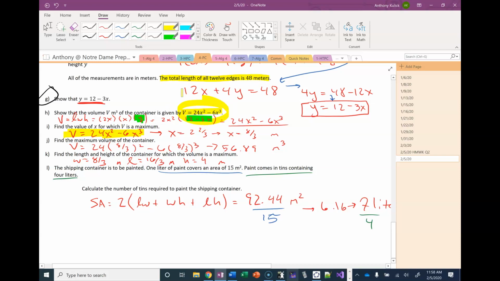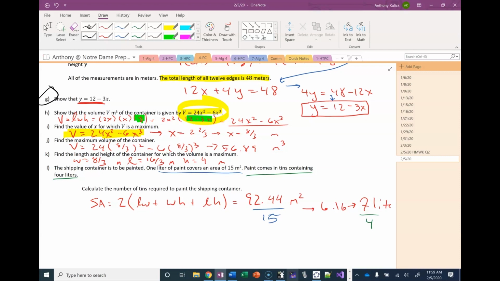So even if I couldn't do h, I could have still done I, right? Now, obviously I couldn't do j without I. That's true. And I couldn't have done k without my answer for I and j, or I specifically, right?